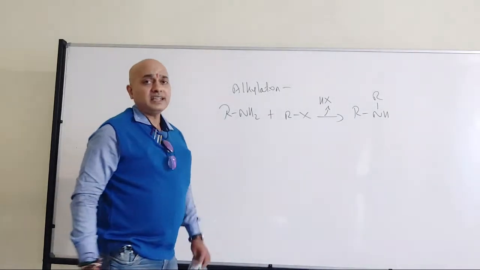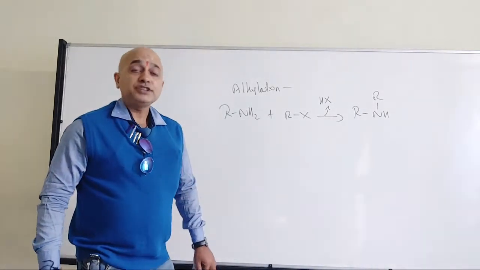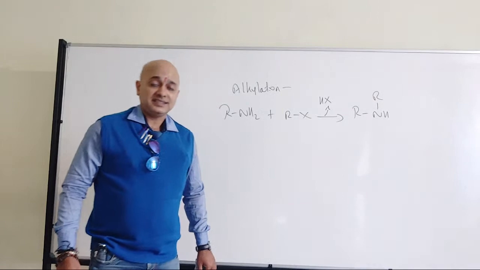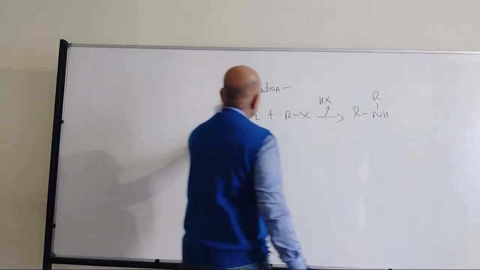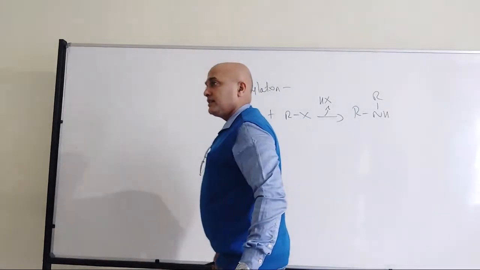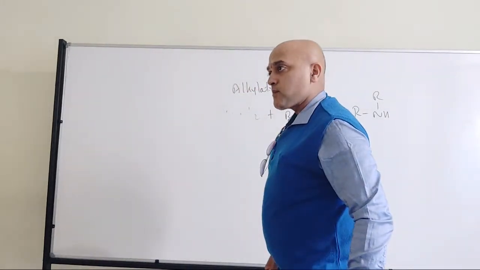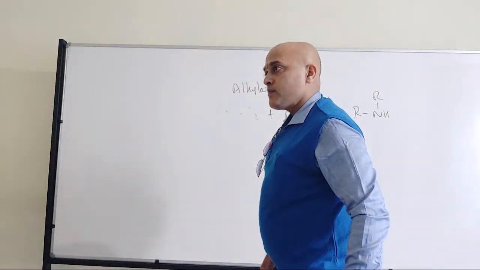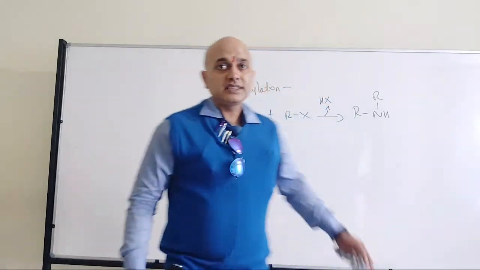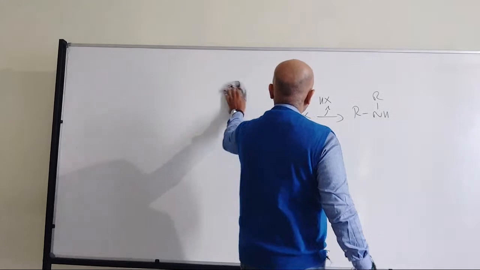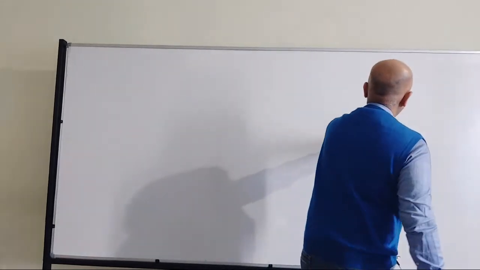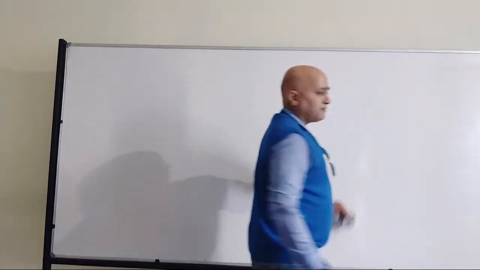That's why we have the reaction which we have discussed during the ammonolysis process. So this is what we have discussed in the ammonolysis. That's where we have the alkylation of amines. Fine.